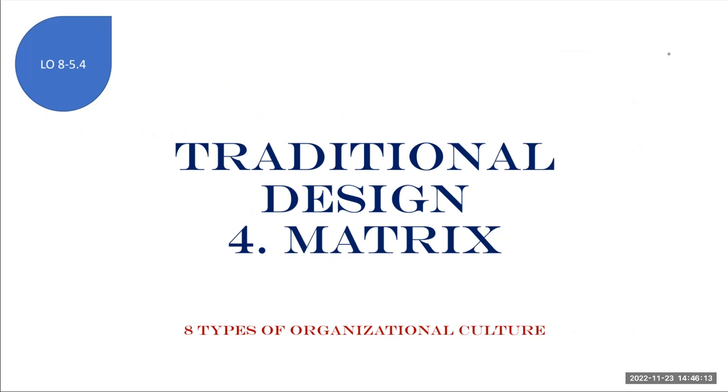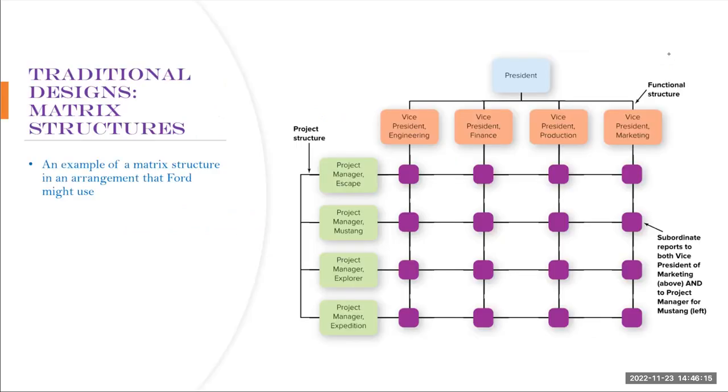The next design is the matrix design, right? So in a matrix structure, an organization combines functional structures across engineering, finance, production, marketing, right here along the horizontal axis. It's kind of a grid where there are two command structures, vertical and horizontal, right?